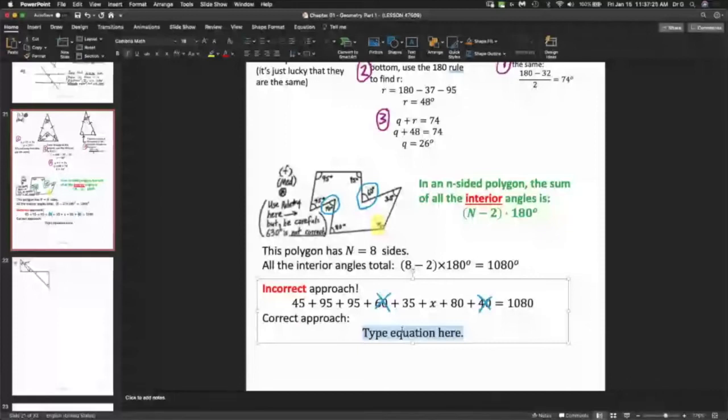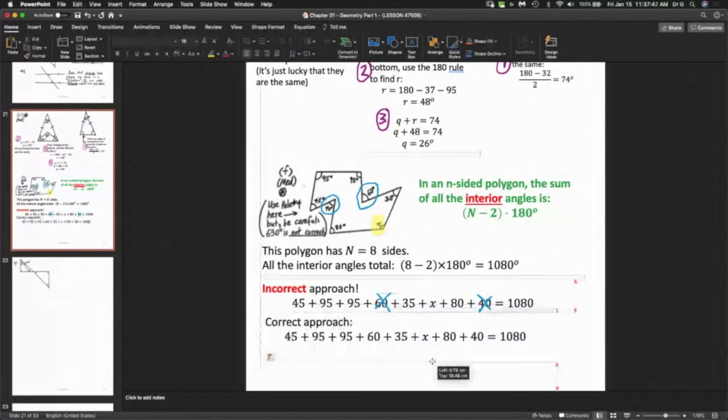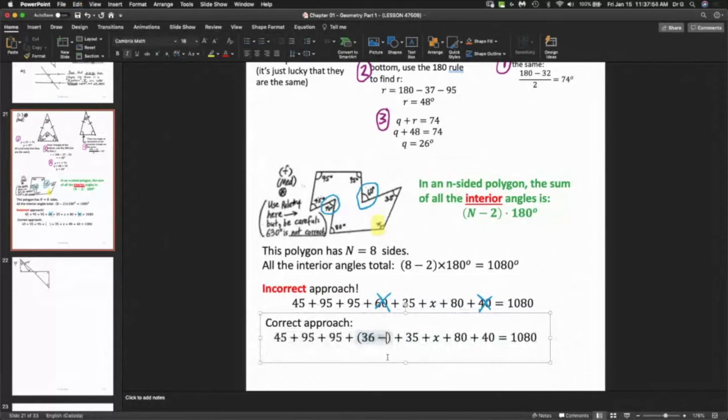But you should put the degree symbol if you're not sure. You won't lose it until the end. And I'm not that picky, guys. So we need to correct it. Let's talk about the correct approach. So this 60 here, it should be 360 minus 60.